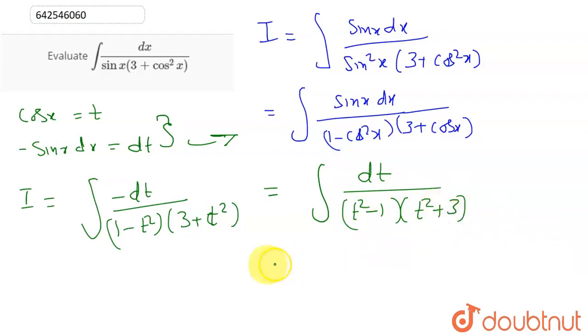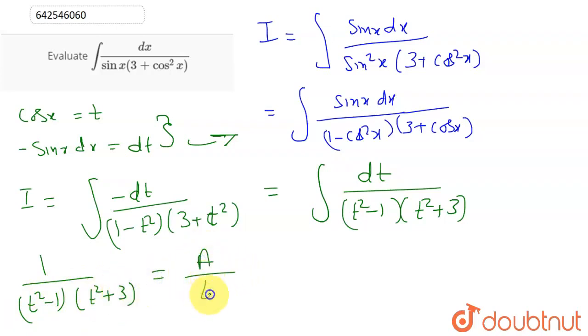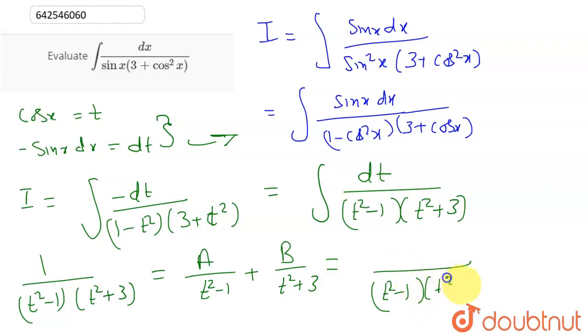Now we can write 1 upon (t square minus 1)(t square plus 3) as a upon t square minus 1 plus b upon t square plus 3, which will be equal to a(t square plus 3) plus b(t square minus 1) upon (t square minus 1)(t square plus 3).